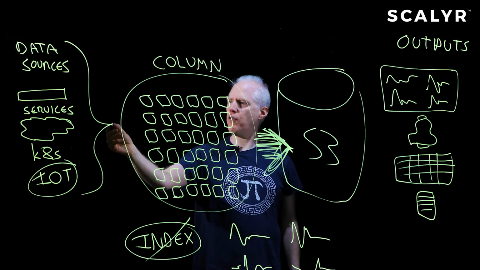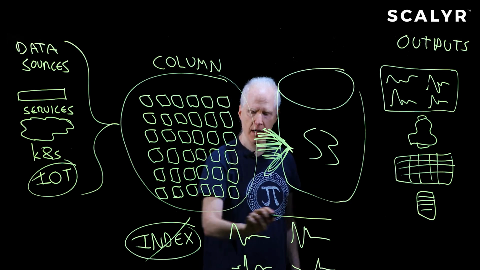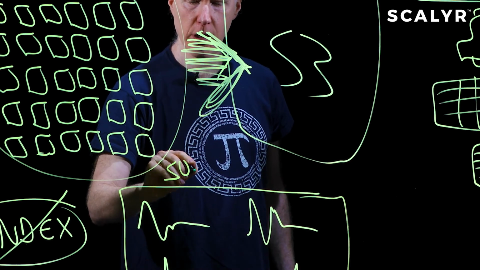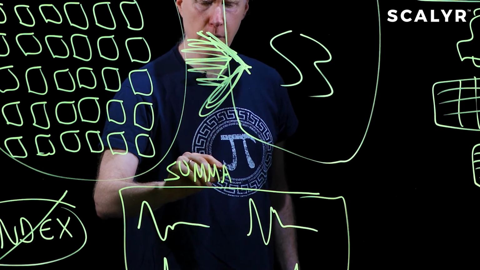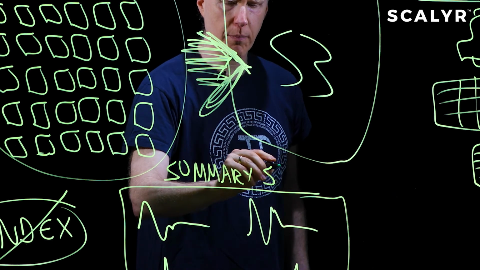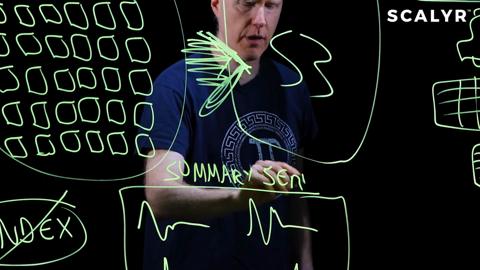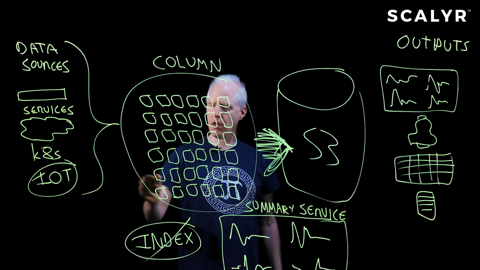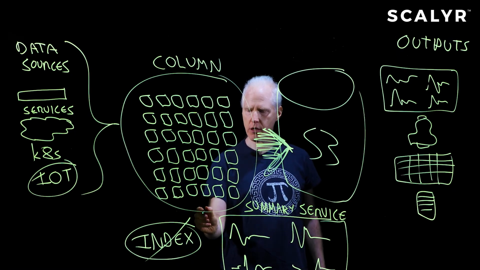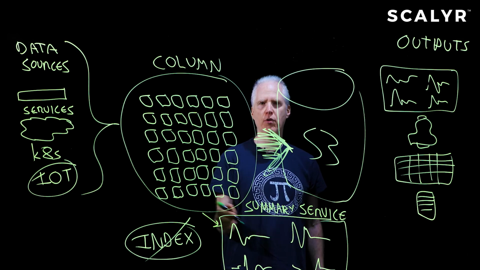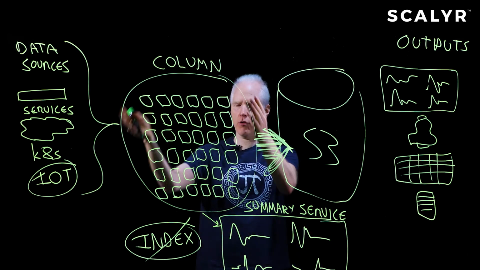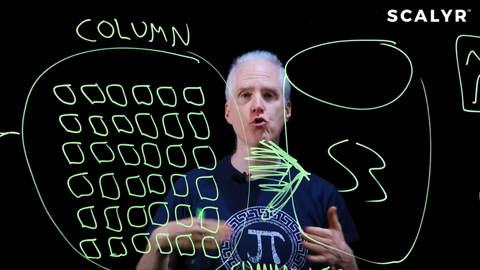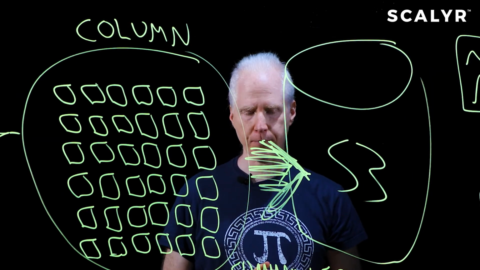Then a copy of all the data is fed into a separate system that we call the summary service. And this is responsible for those repetitive queries, the alerting rules and dashboards and so forth. And actually, over 90% of queries wind up being processed by the summary service, as I mentioned. So the column nodes really remain available for the unusual queries, the ad hoc exploration.